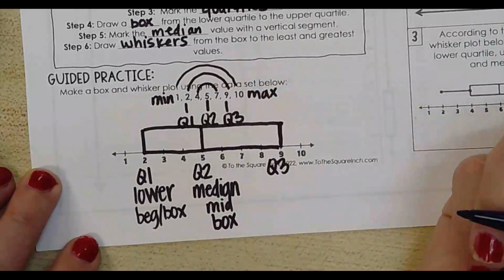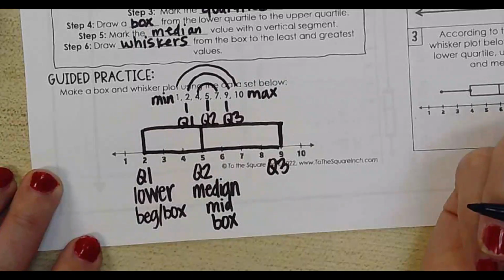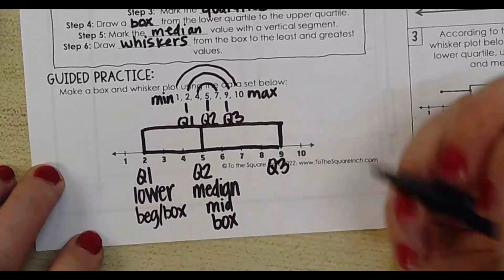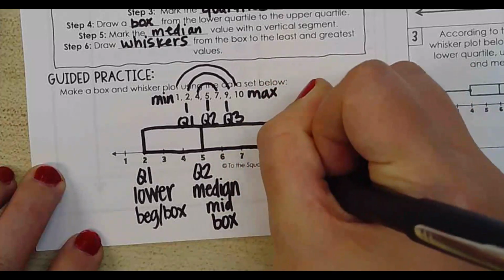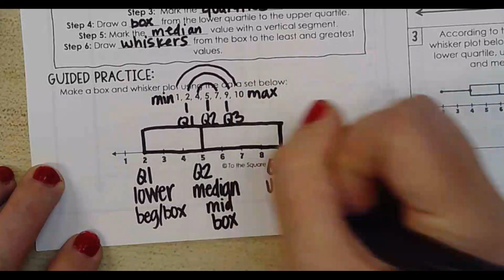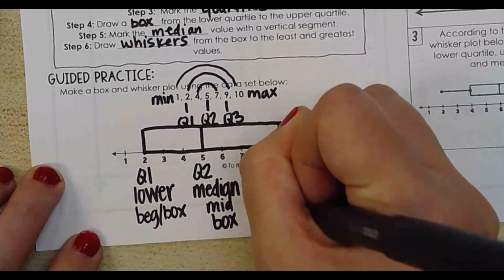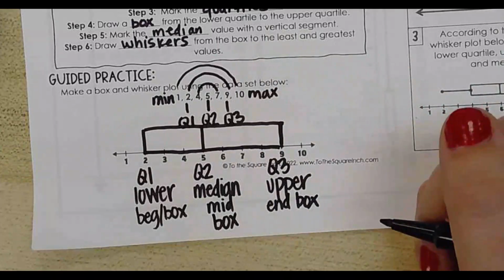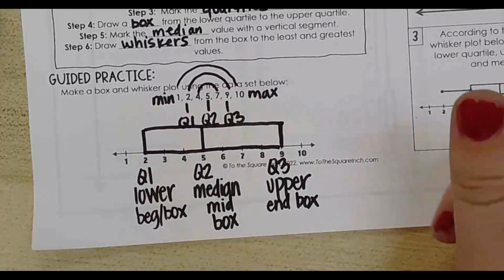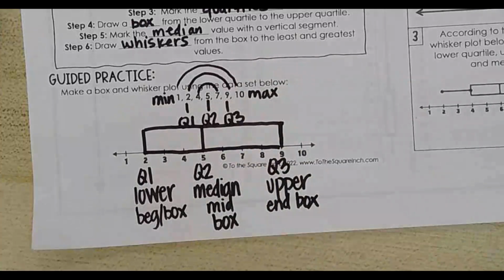Instead of saying quartile 1 is the lower, quartile 3 is the higher, the upper, and it's going to be the end of the box. The beginning is quartile 1, and the end is quartile 3. The lower is quartile 1, the upper is quartile 3.